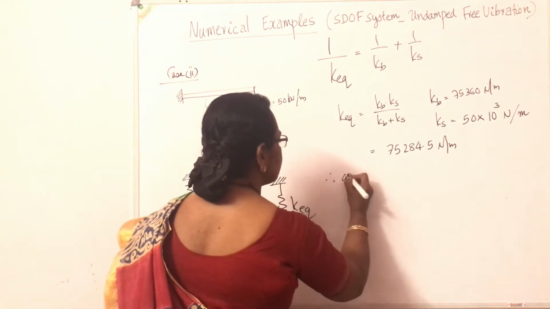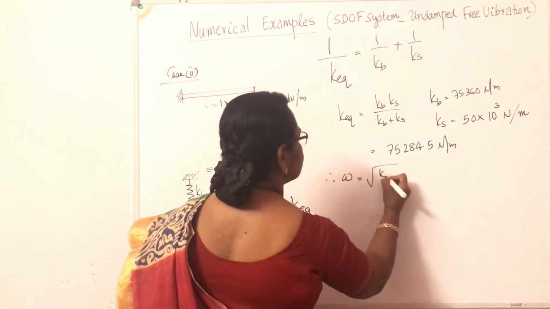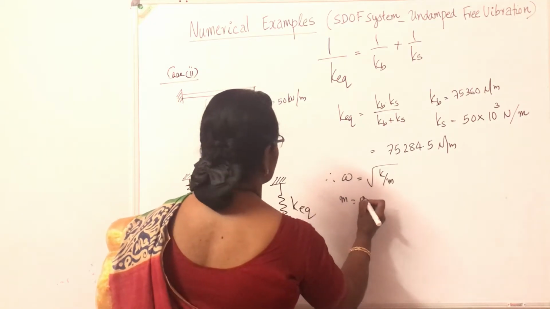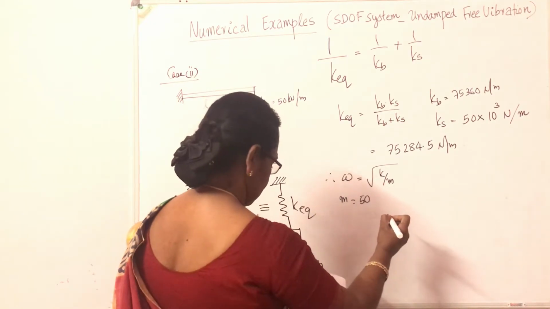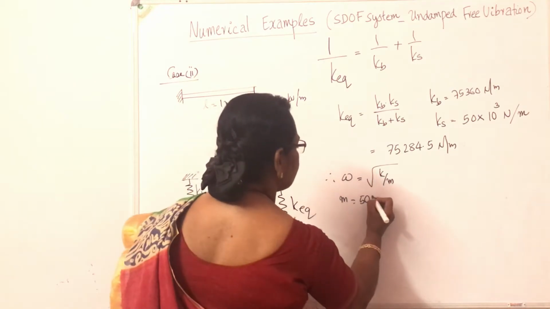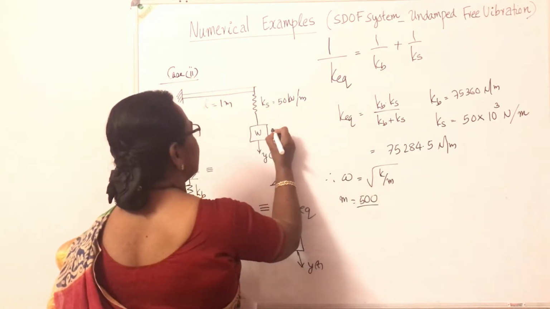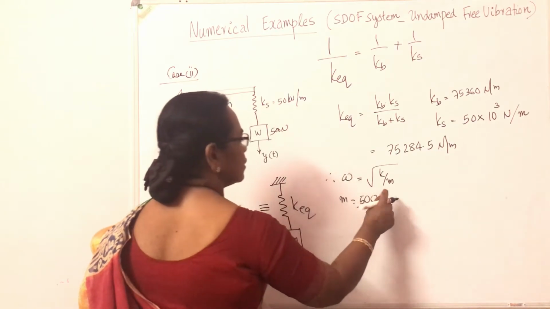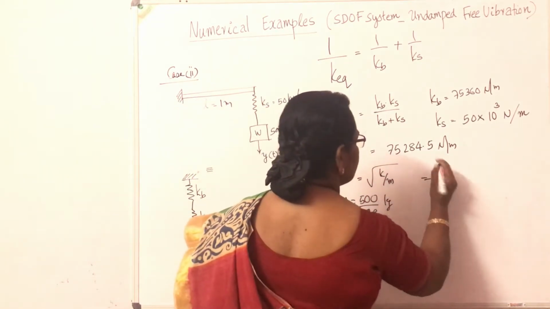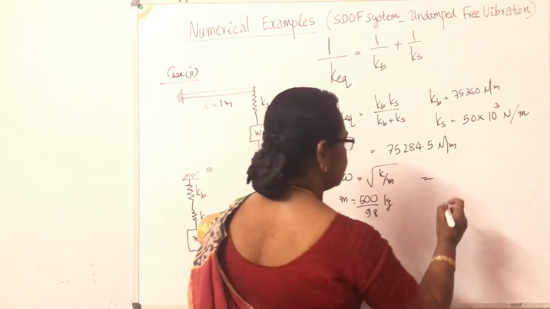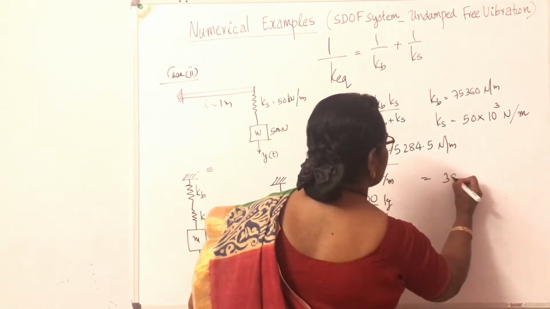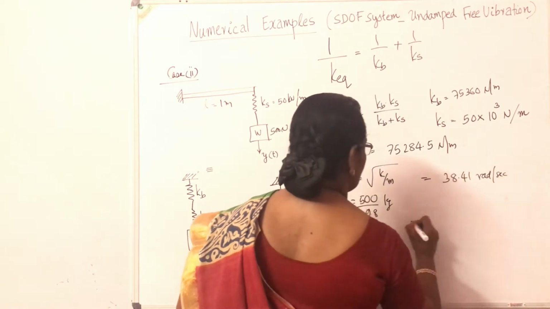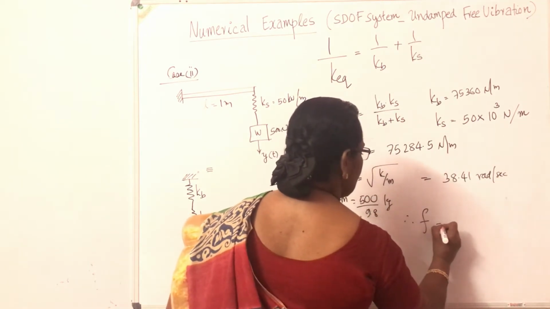Therefore, the natural frequency of the system is equal to root of K by M, where M is from the weight of the mass, 500 Newton. So 500 by 9.8 is the mass. Substituting in this expression, we will get the answer as 38.41 radians per second, the natural frequency.